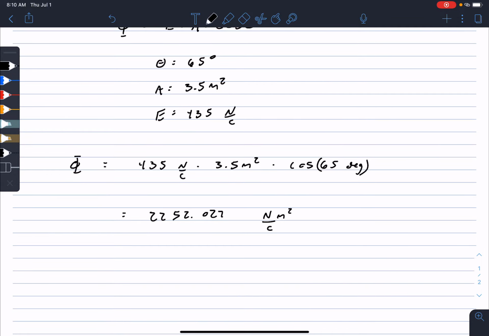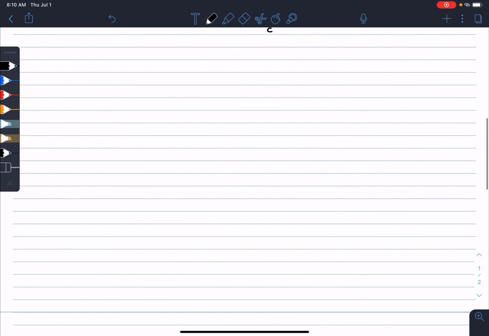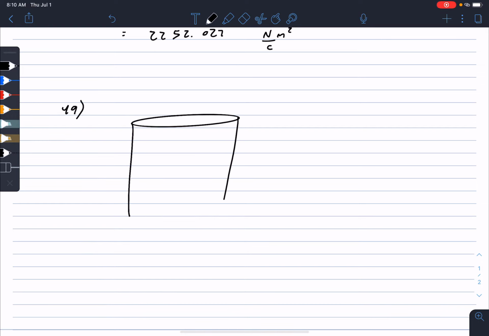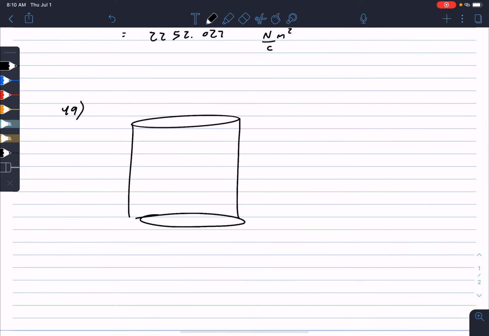And the next problem is very similar. Number 49. Okay, great. Number 49. So we have a cylinder, and then we have an electric flux through that cylinder going lengthwise.